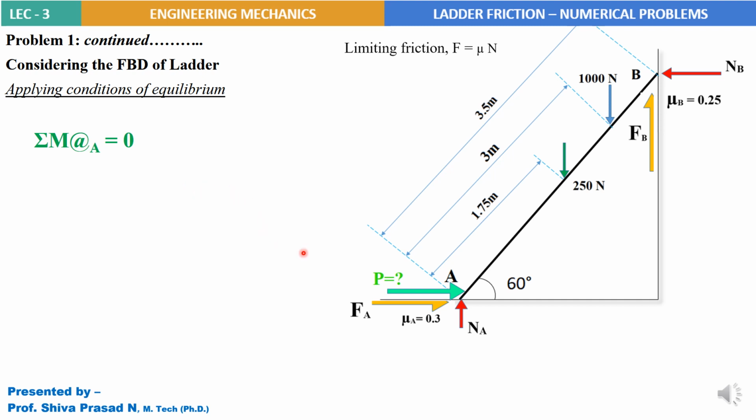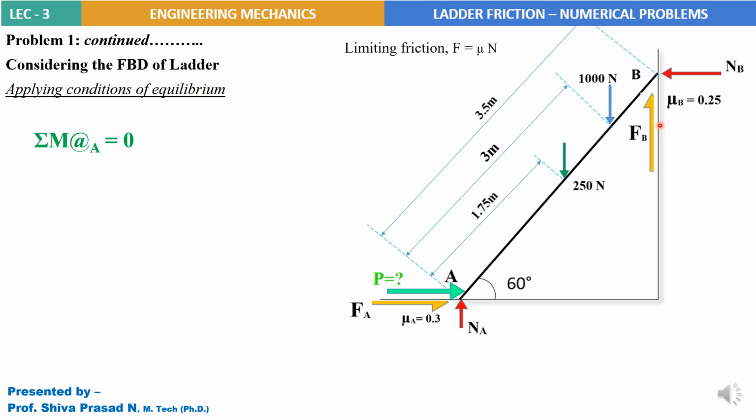So which point do I select? If you ask me, I'll select point A. Why? The reason is we have three unknowns here: Na, Fa and P. Anyhow, Fa you can convert in terms of Na, but still we will remain with two unknowns, P and Na. But at B we have this Nb and Fb.